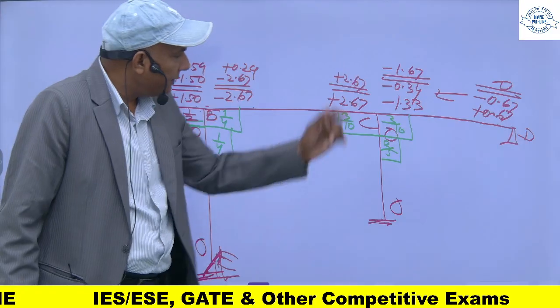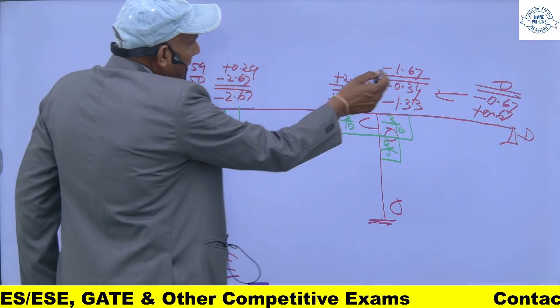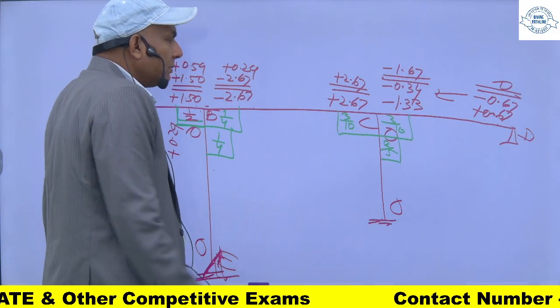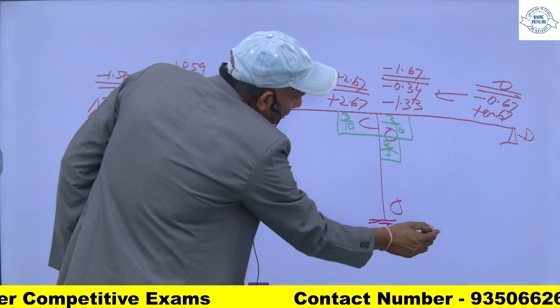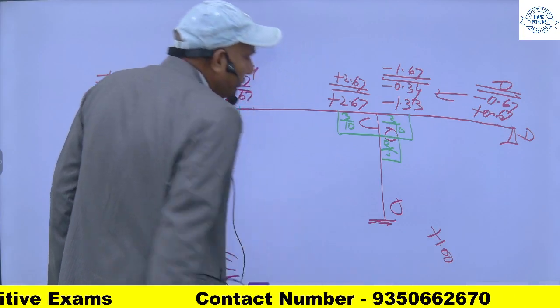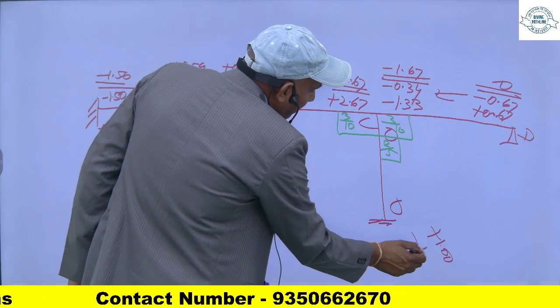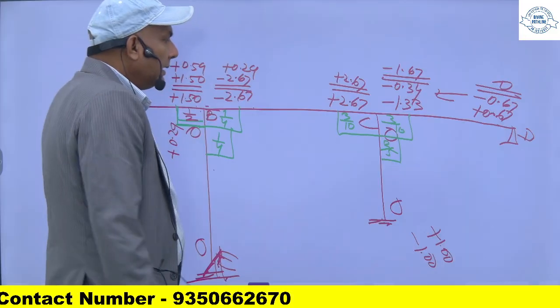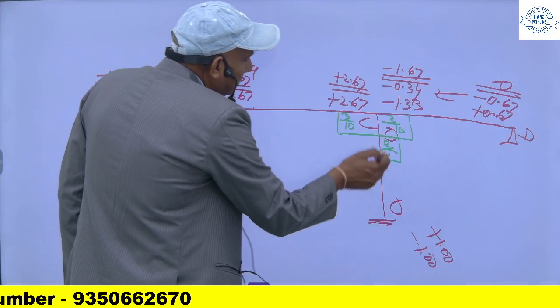Similarly, for this member, if you see, the sum of this plus this must be equal to 0. So the sum of this and this is plus 1. This one is extra. For making it 0, I will apply a correcting moment of minus 1.0, and this will be distributed according to the distribution factor.